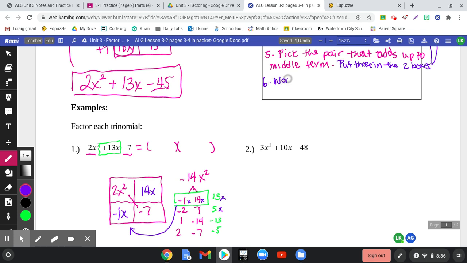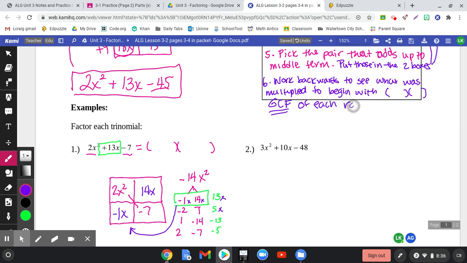So work backwards to see what was multiplied to begin with.